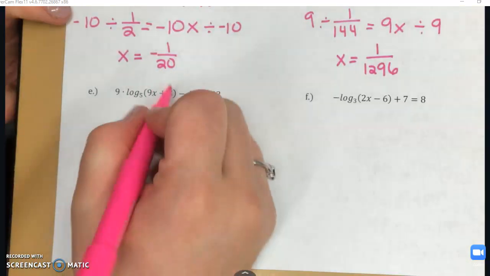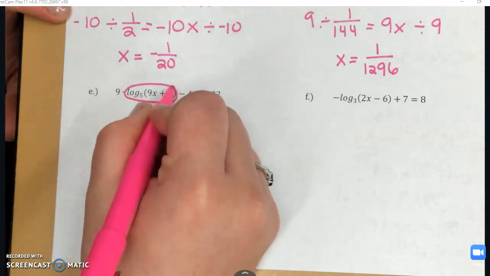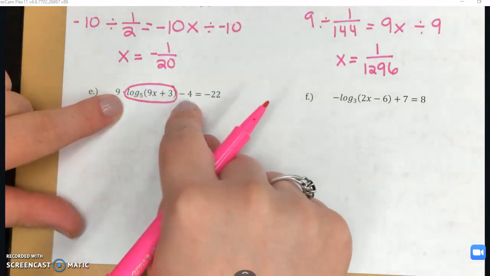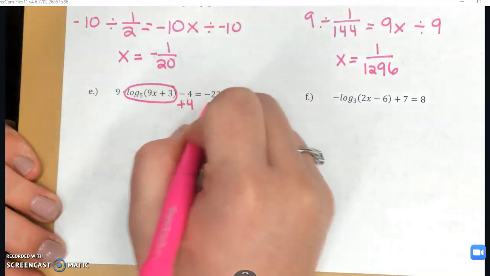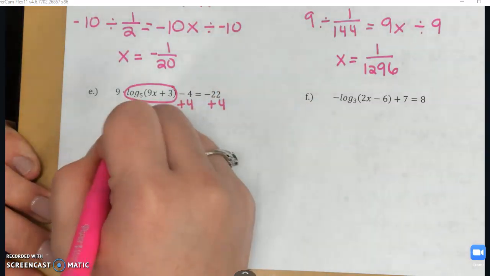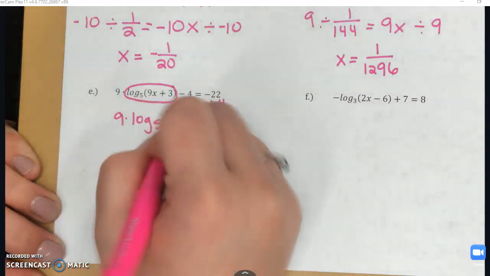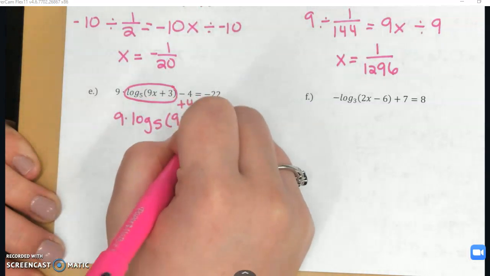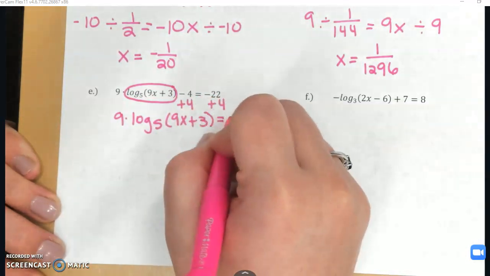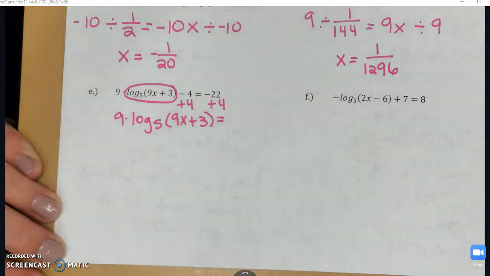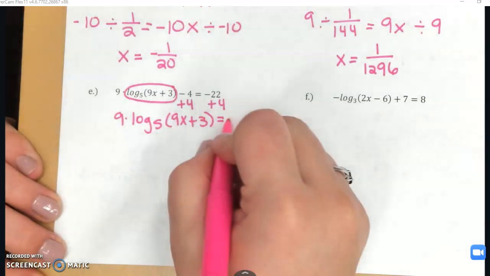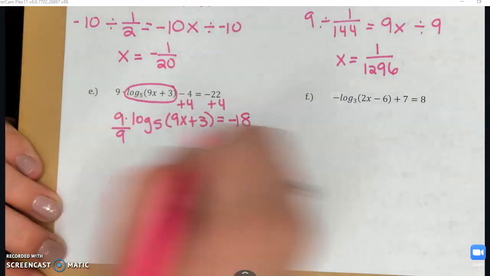On to E. Here is my log expression. So I've got 2 things to undo. Order of operations says I need to do the 4 first. Then I'm going to divide by 9.